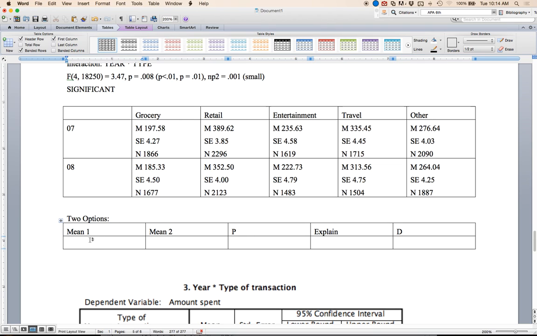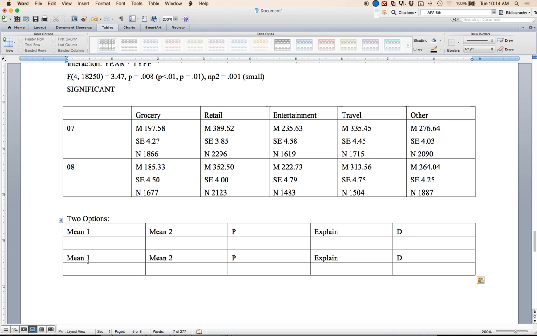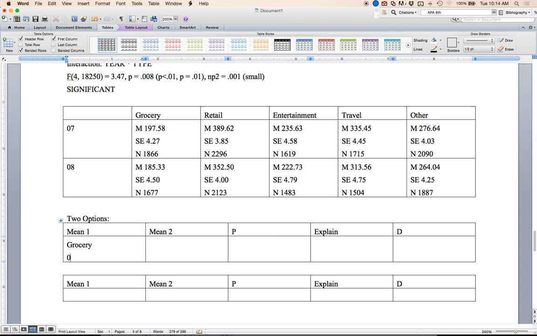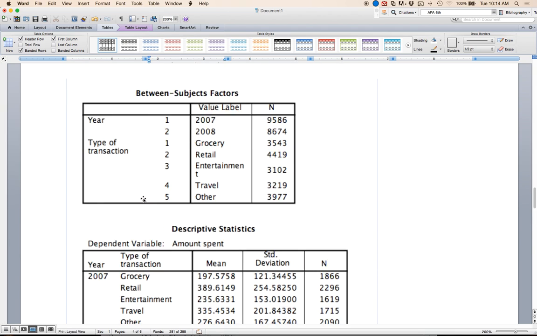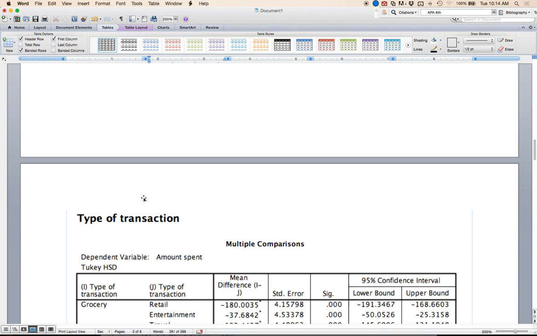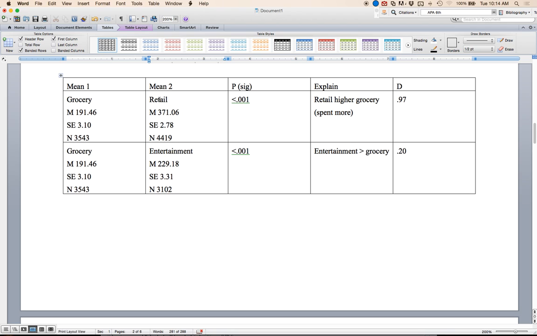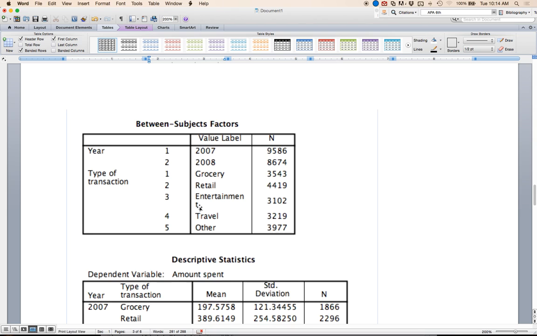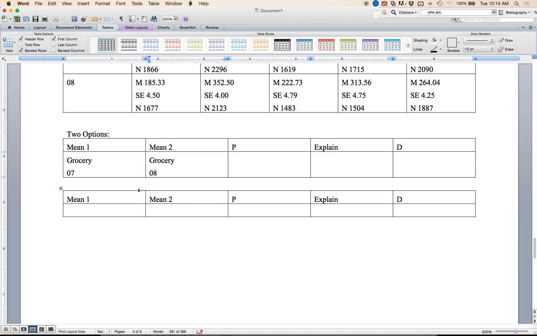So I could do grocery 07 versus grocery 08. And you'll notice that it's got two labels. When I was analyzing the main effect earlier, it was up here, grocery versus retail. So why now is it grocery 07?